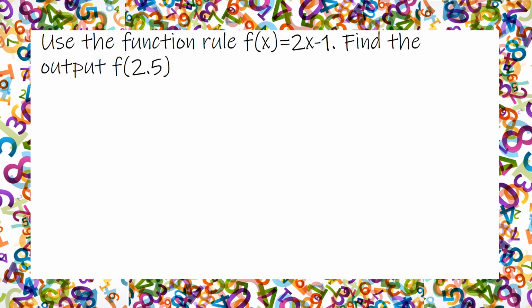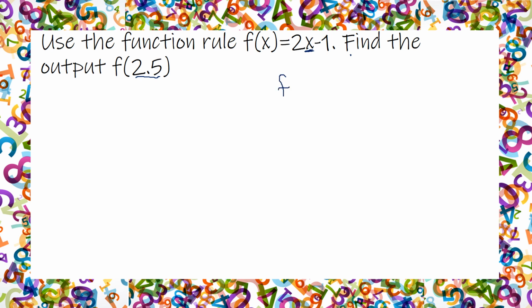Use the function rule f of x equals 2x minus 1 and find the output for f of 2.5. So all that means is you're going to plug in that 2.5 where you see the x.